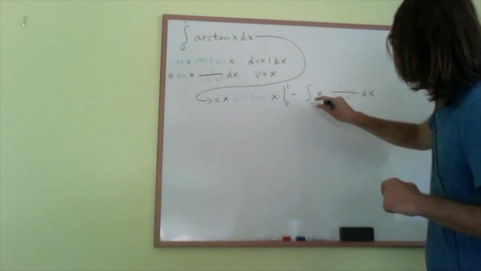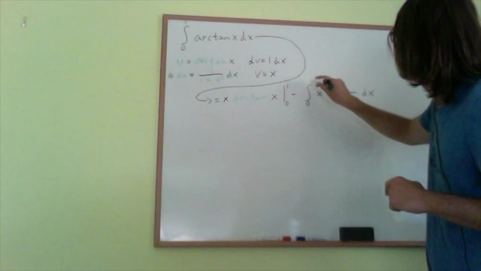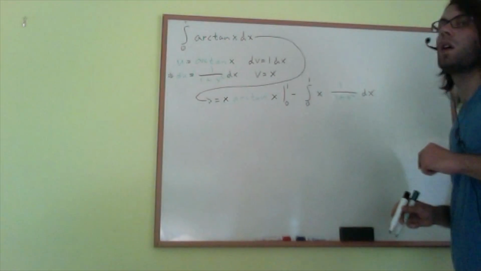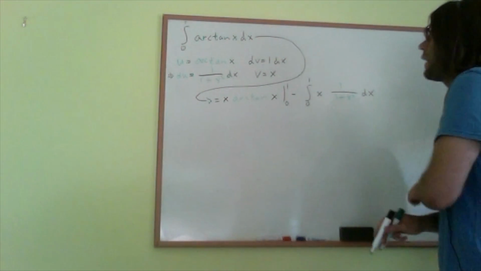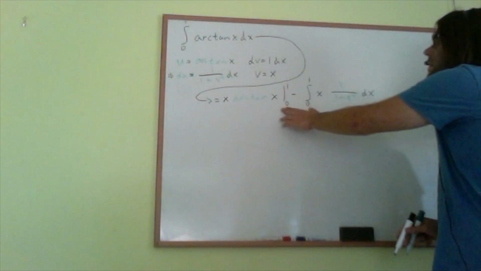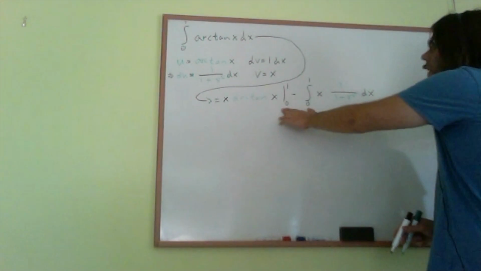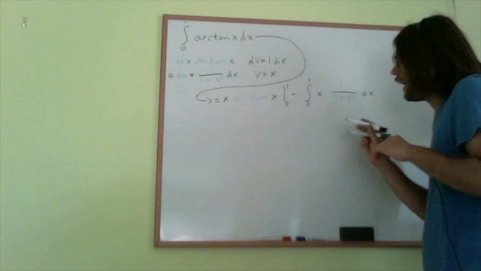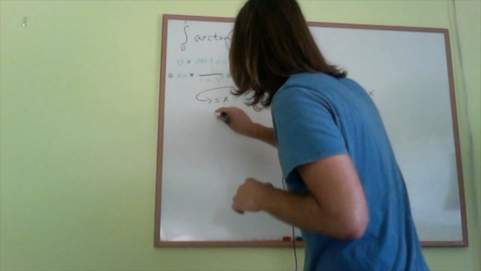and this integral here is from 0 to 1. Okay, so now we can either wait to plug this in, or we can do this now. Let's just do it now so we can get it out of the way.